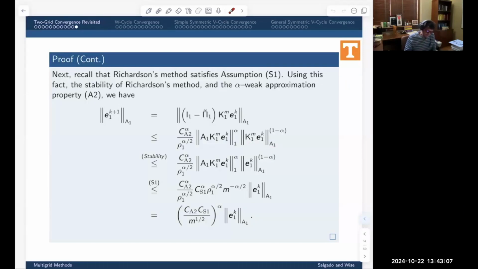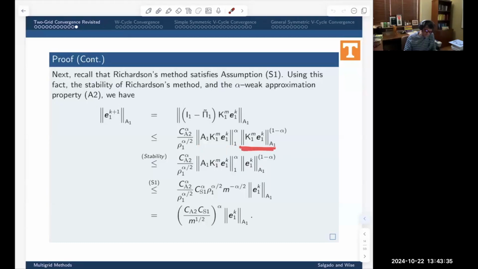All right, so if I apply my alpha-weak approximation property, I get this. But now this thing here is not so valuable to me in this form. It's this guy that I really want, and that's useful because to that guy I can apply my stability property, or sorry, my first smoothing principle. But let's take care of this guy first.